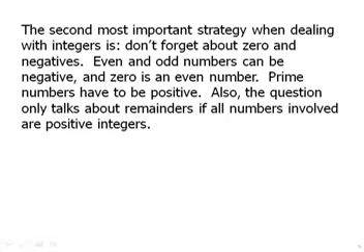Even and odd numbers can certainly be negative, and 0 is an even number. Prime numbers do have to be positive, so if you're told the number is prime, you do know it is a positive integer. Also, the question only talks about remainders if all the numbers involved are positive integers. So that's another case where you know you're dealing with positive integers.